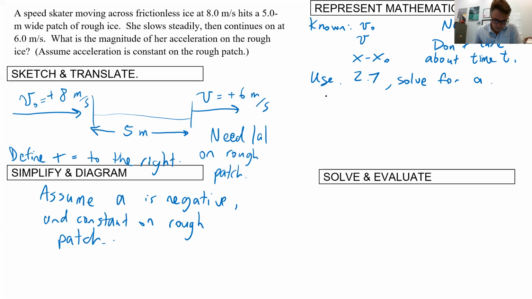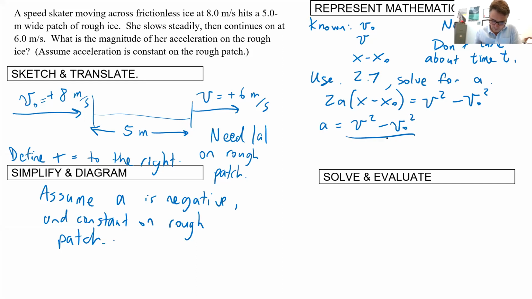So it is going to be 2 times A times x minus x0 is equal to v squared minus v0 squared. That's equation 2.7. Solving it for A, we get A is equal to v squared minus v0 squared, all divided by 2 times x minus x0. And just plug that in. You're going to get 6 squared minus 8 squared divided by 2 times 5, since x minus x0 is 5.